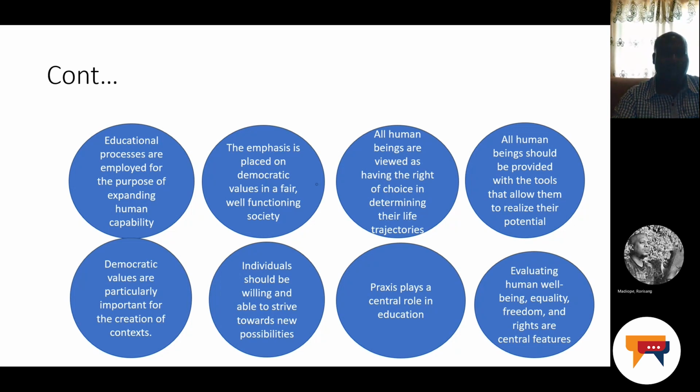And democratic values are particularly important for the creation of context, and individuals should be willing and able to strive towards their possibilities. And we're finding out that praxis plays a central role in education, and in evaluating human well-being, equality, freedom, and rights are seen as the central features.